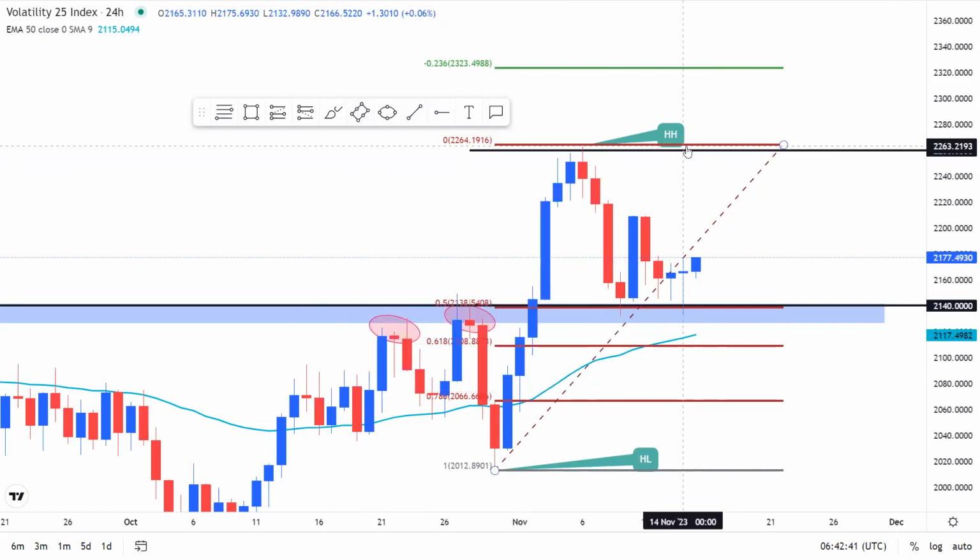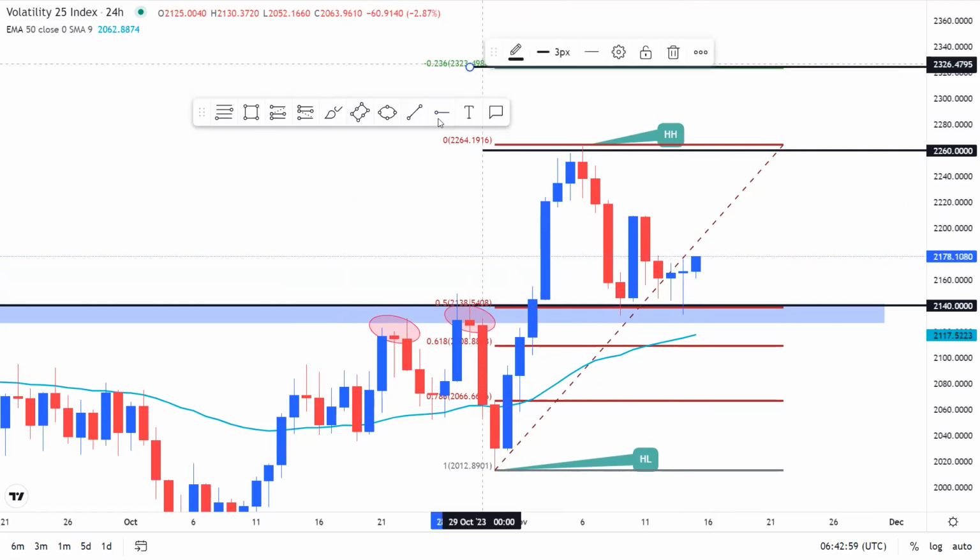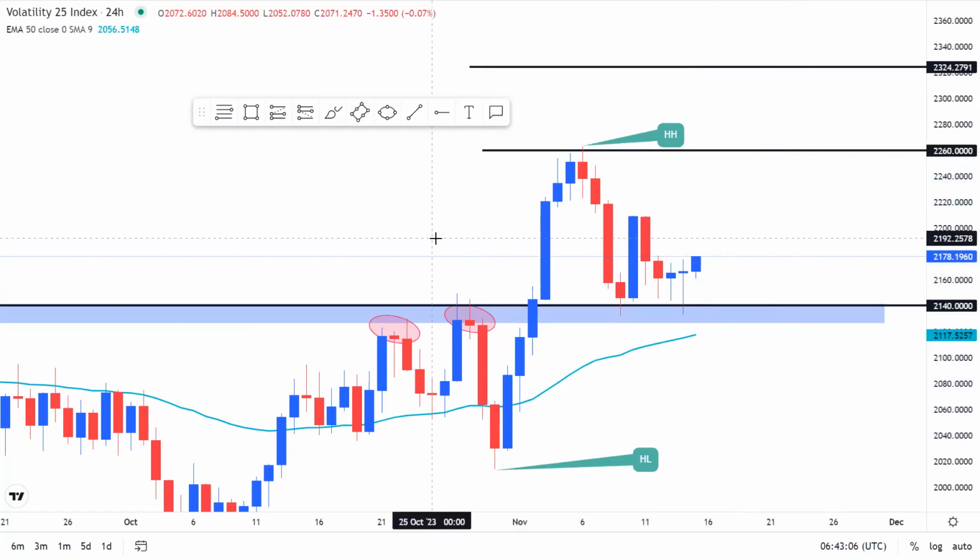So this would be my first level target for buying opportunities on volatility 25 index. Previous swing highs right about here. And once we have a break of these highs, I would consider the negative 276 Fibonacci level. Now this takes me down to the 4-hourly time frame.